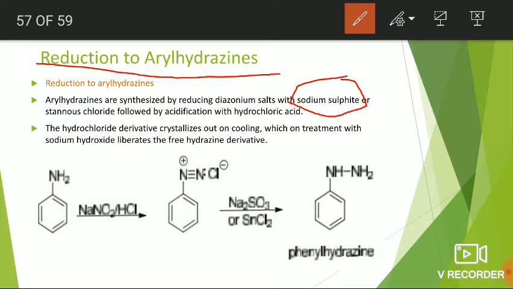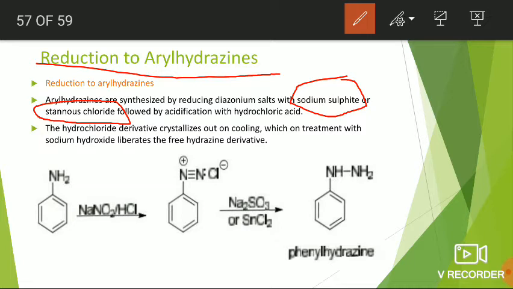So, treatment of aryl diazonium salt with sodium sulfite or with stannous chloride, SnCl2, followed by acidification with hydrogen chloride or hydrochloric acid, we get corresponding aryl hydrazines.